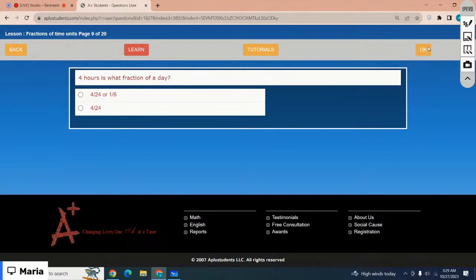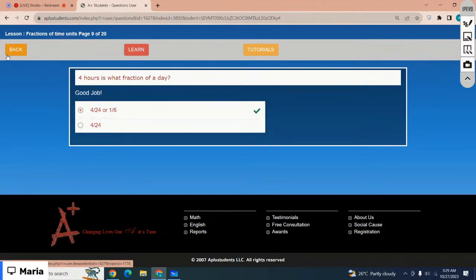Which is the correct option? The correct option is 4/24 or 1/6.